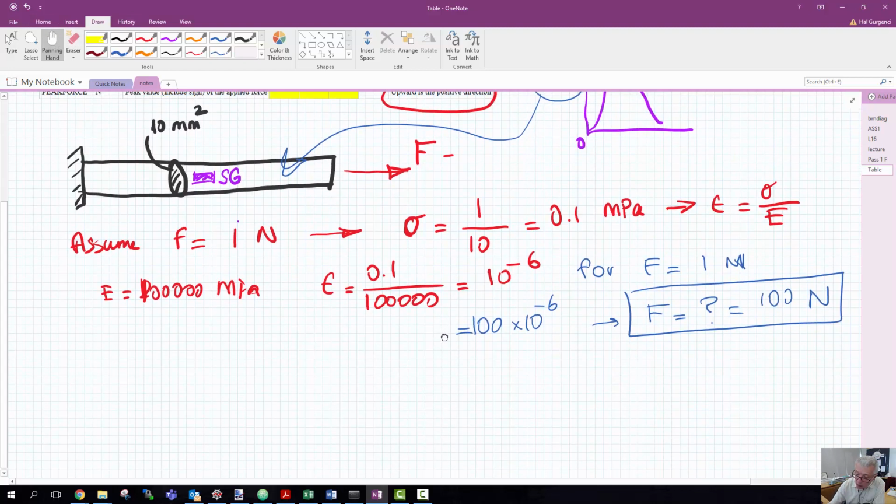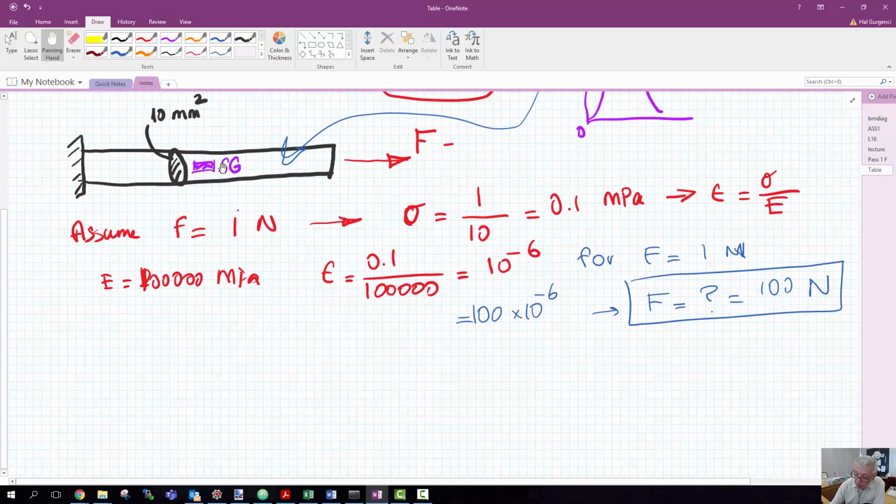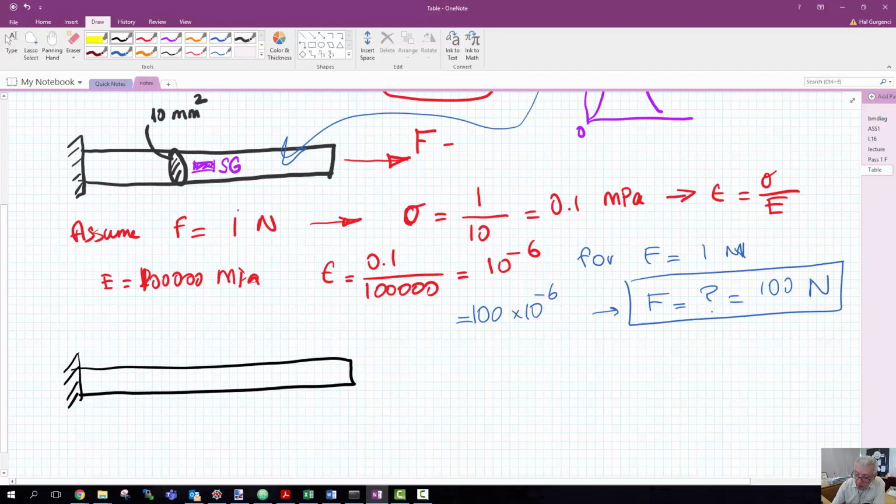For example, if your strain gauge reading is positive, okay? Suppose we have a situation like this. I have a beam, and I am really interested in the value of F, and I have a strain gauge placed here.